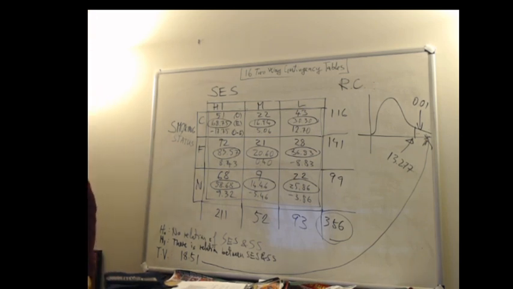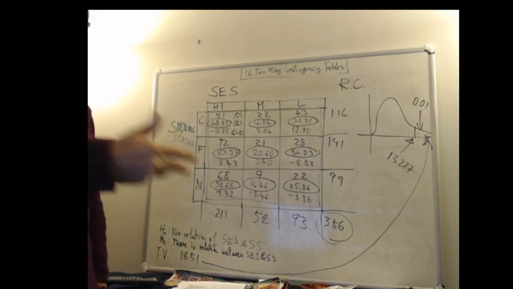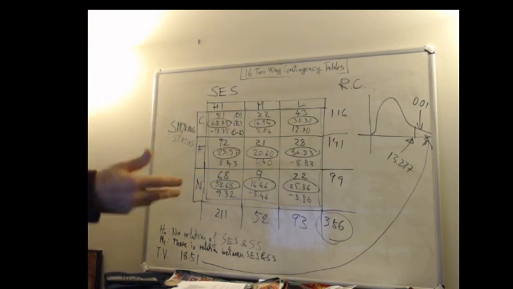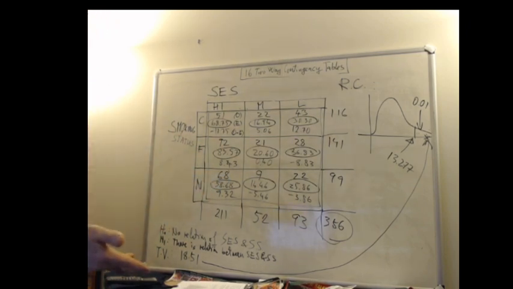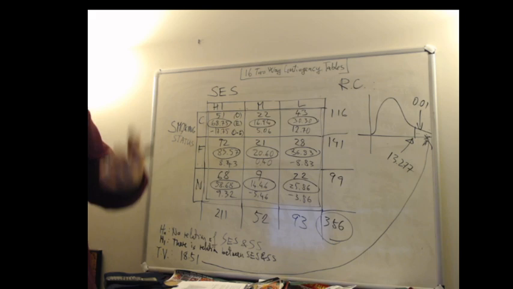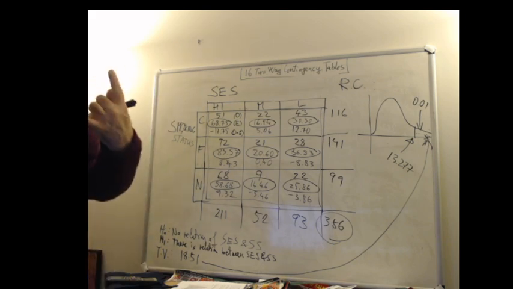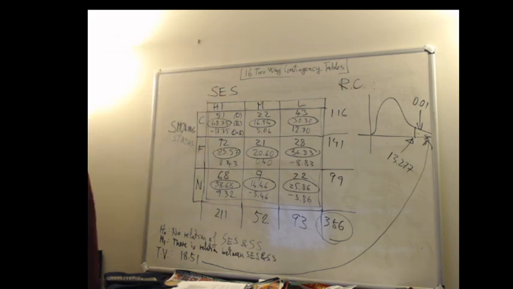Whenever you're using categorical data, the data that fits categories, you get counts, but you don't really have numbers other than counts, then this is the test for independence. If you want to find out whether two things are related or independent, this is the test you do.